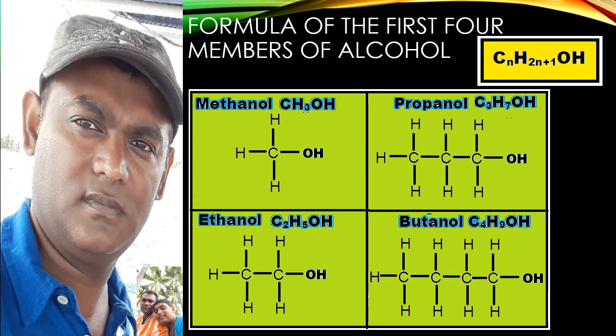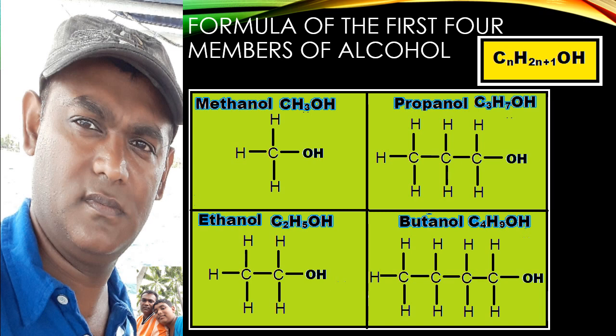And when we look at its structure, we have one carbon attached to 3 hydrogen atoms, and the carbon is attached to an OH group. The OH group represents the functional group of alcohol.